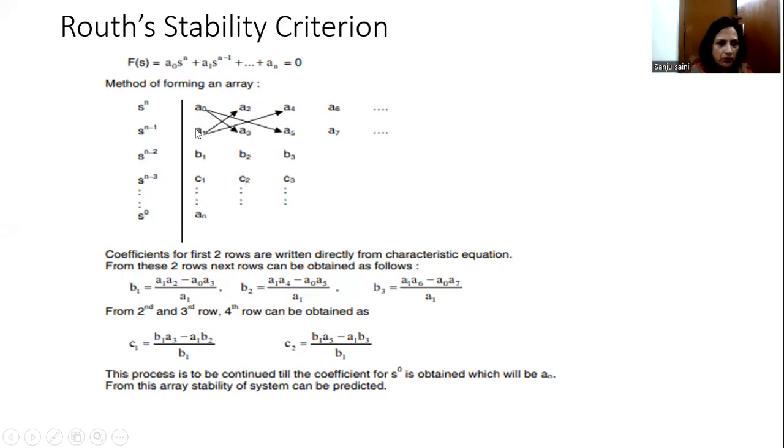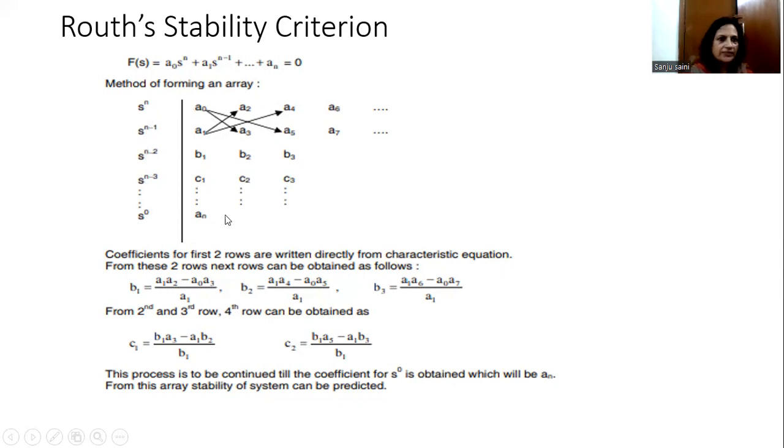Then b3 will be equal to a1 a6 minus a naught a7, divided by a1. Then similarly, we'll get the values of c1, c2, and so on, because first of all we have to write down all the entries starting from s to the power n, then keep on decreasing up to s to the power 0.